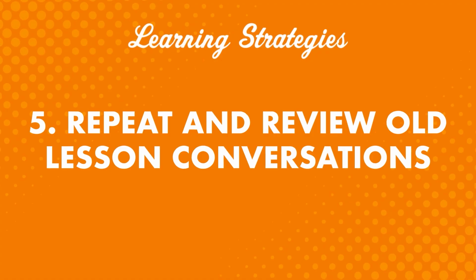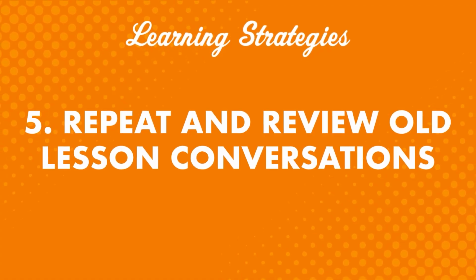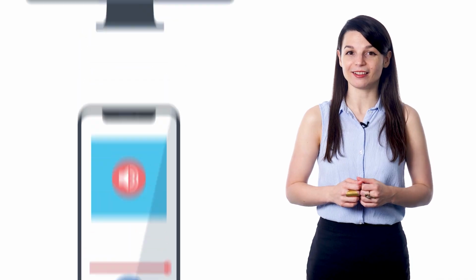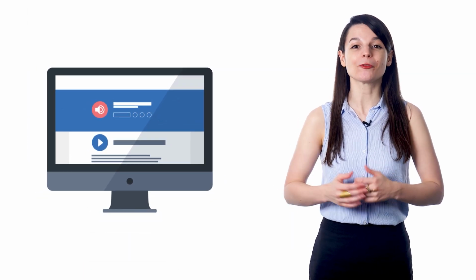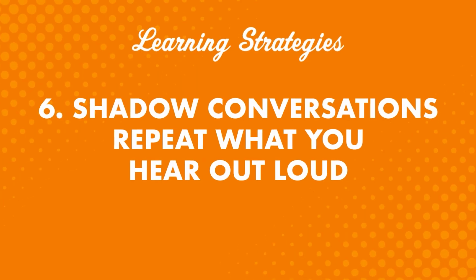5. Repeat and review old lesson conversations. Reviewing what you've studied in the past is the best way to make sure you maintain what you've learned. Go back to older lessons, download the lesson dialogue tracks, and re-listen to the conversations again and again. Or you can reread the dialogue lines from previous lessons until you've mastered them all. 6.